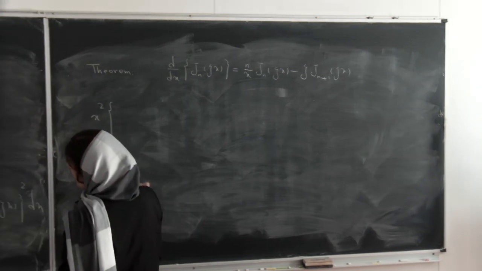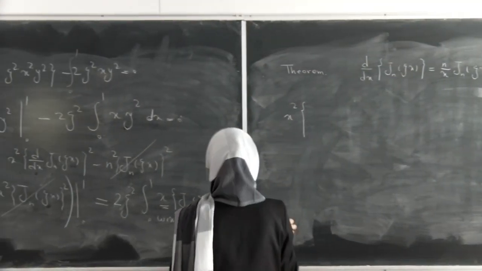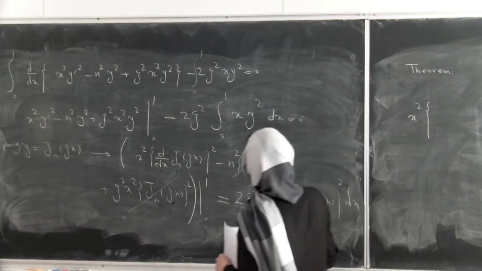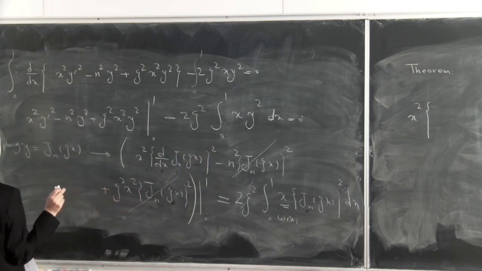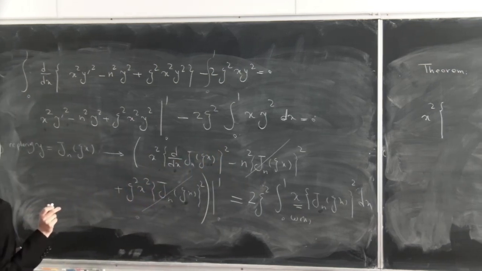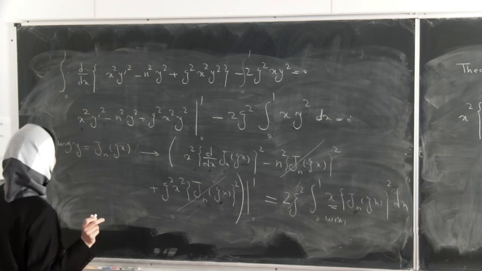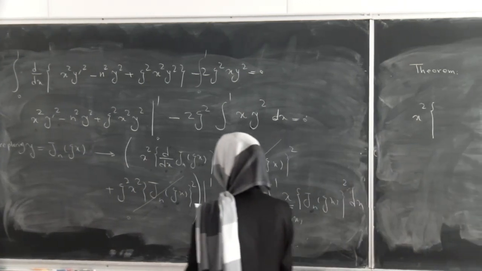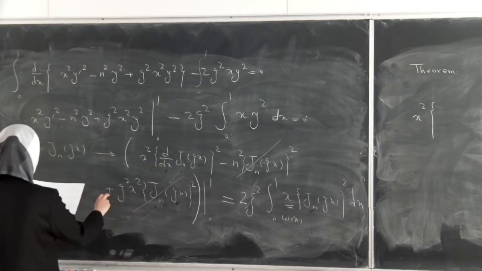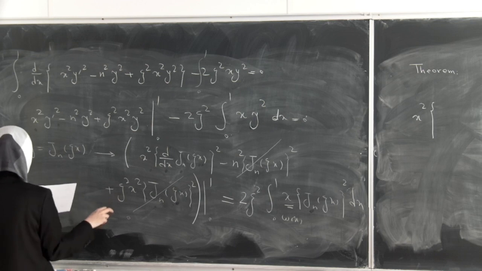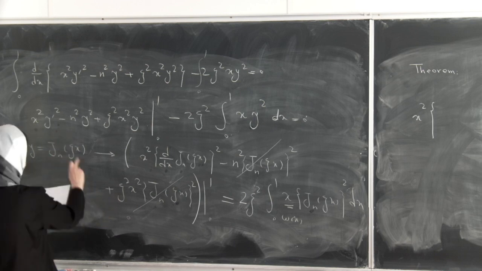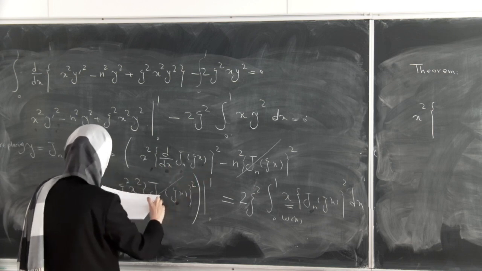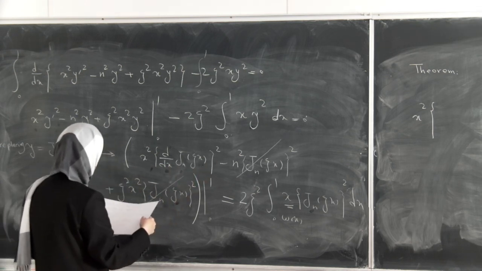Here we have x squared, the derivative squared, to xi squared.